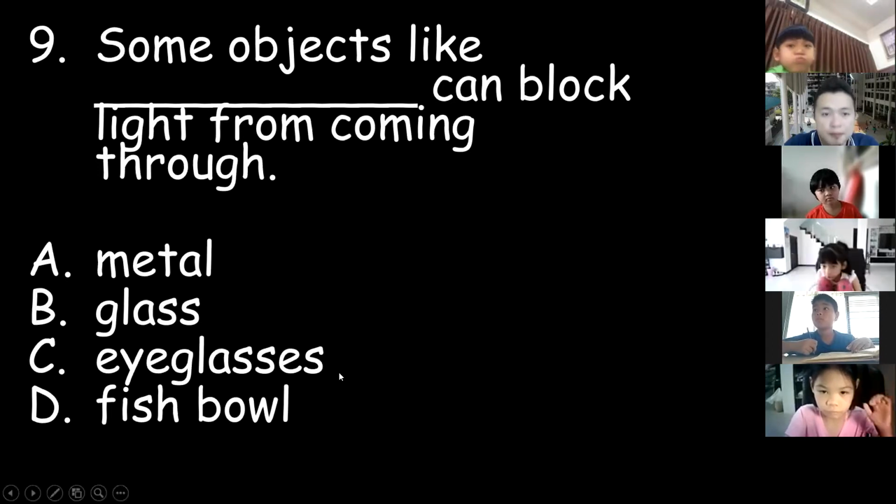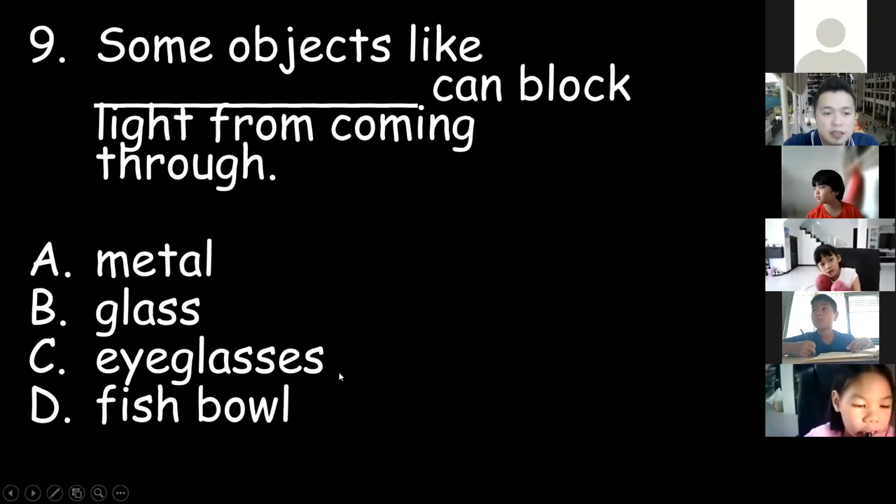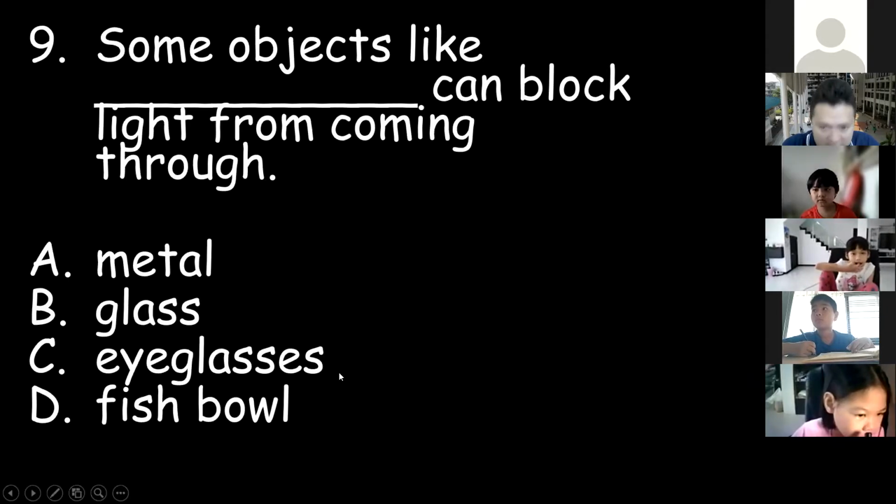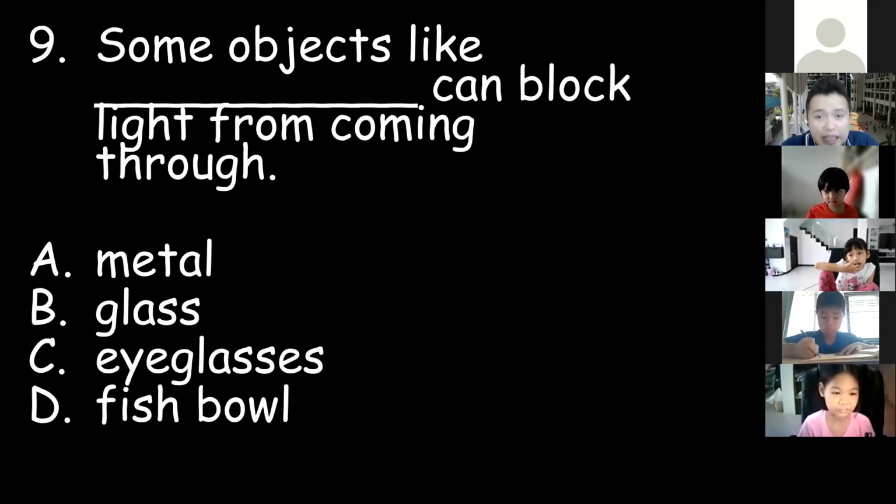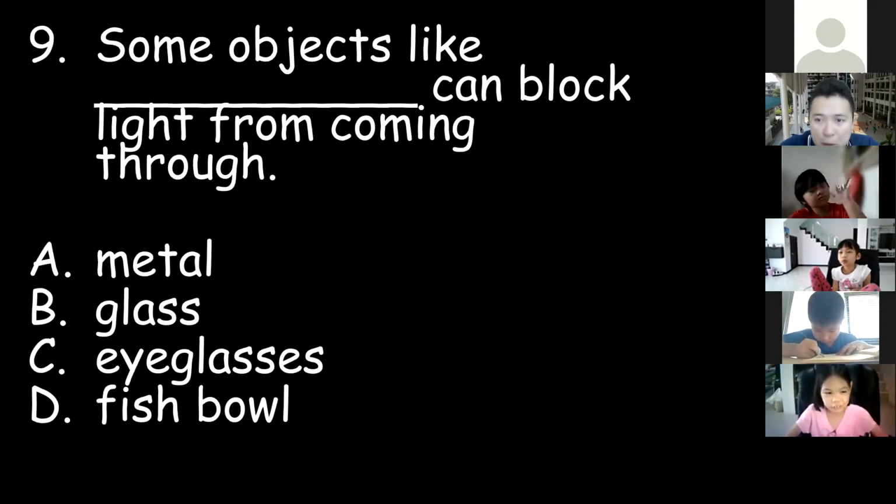Letter C, eyeglasses. Eyeglasses is wrong. Block means cover. Letter C, eyeglasses is wrong because eyeglasses can't block the light from coming through.